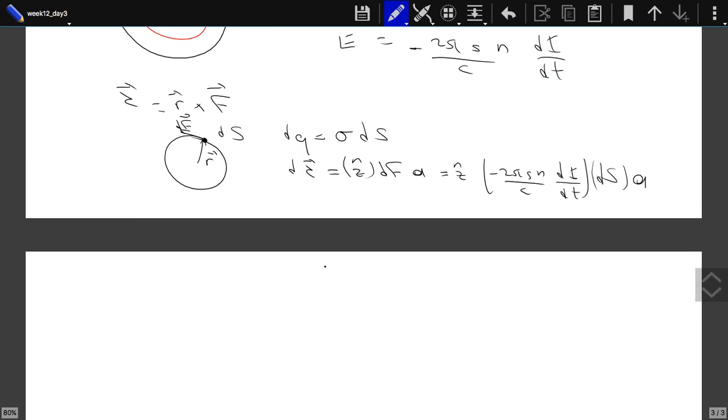Well, if you just integrate it, the torque acting on my system is in the z hat direction, minus 2 pi s n over c A times dI by dt, the total torque per unit length, let's say.